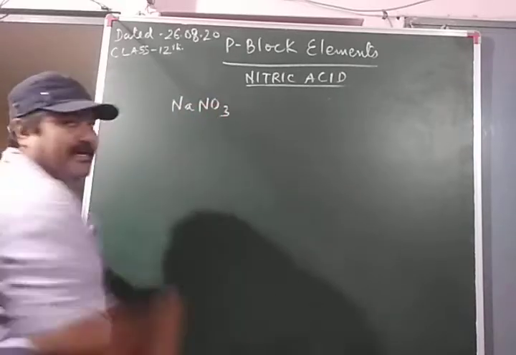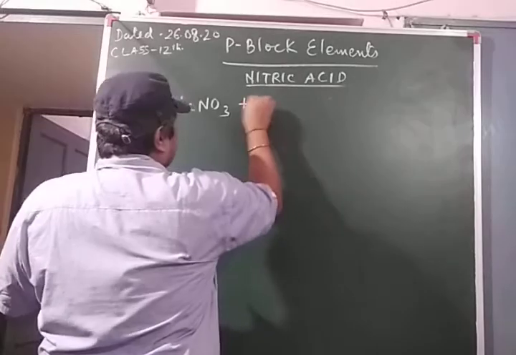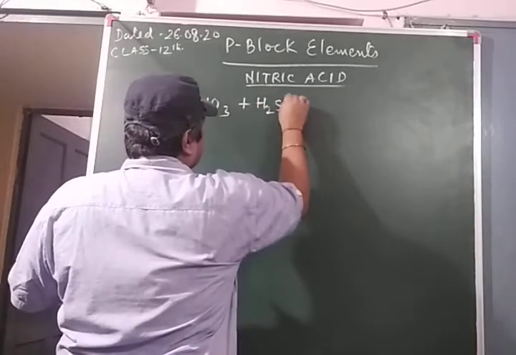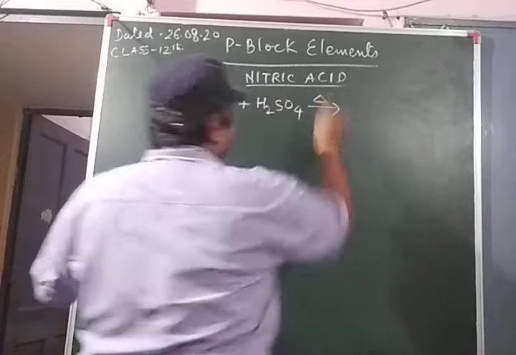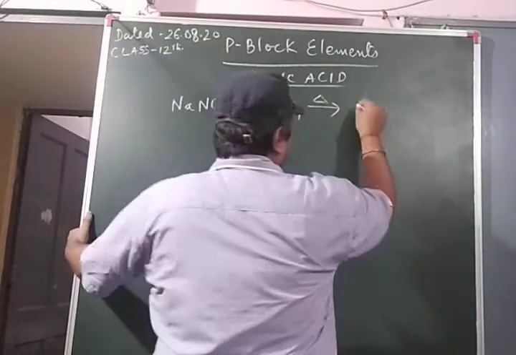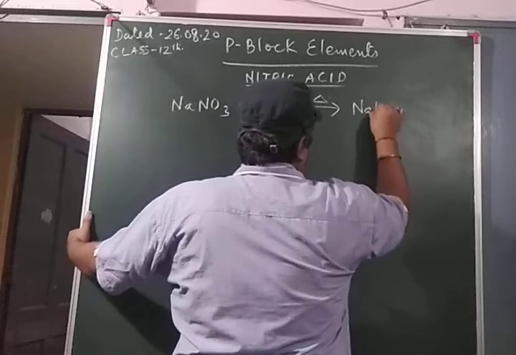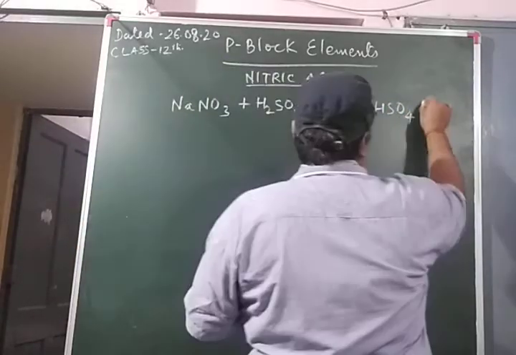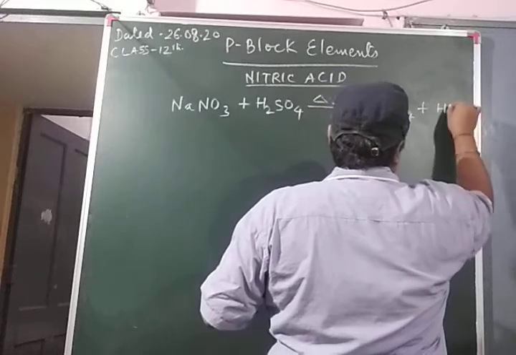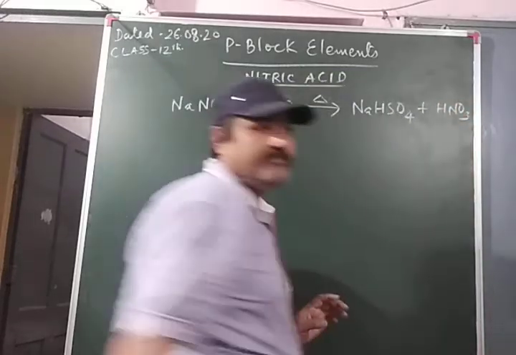NaNO3, sodium nitrate, plus sulfuric acid, H2SO4. On heating, this gives sodium bisulfate, NaHSO4, as a byproduct, plus nitric acid, HNO3.